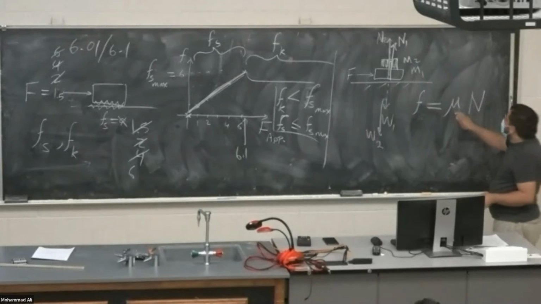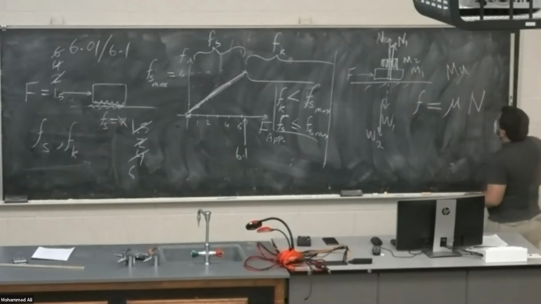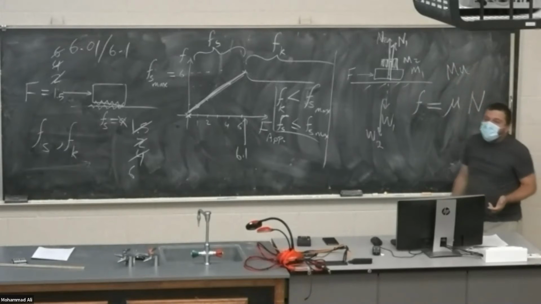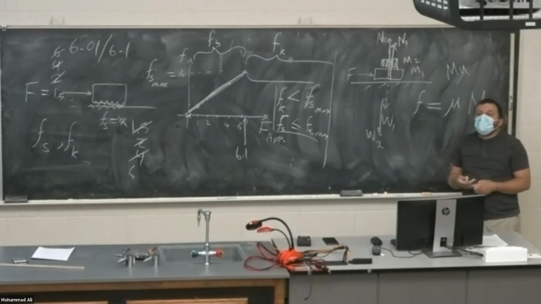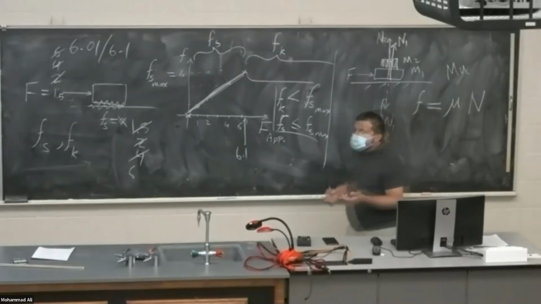What is the mu? This is a mu. No, not in Arabic. Mu is a constant, and this constant tells me how two objects interact.